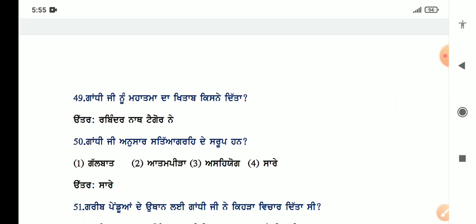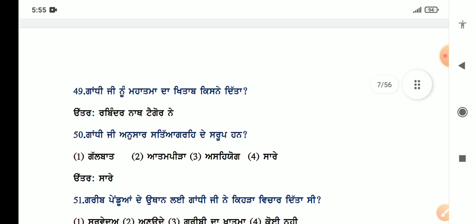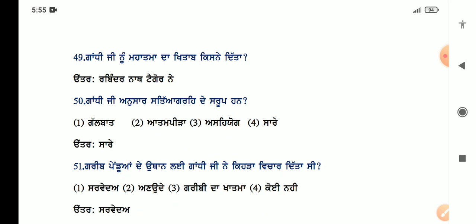Who gave the title of Mahatma to Gandhiji? Rabindranath Tagore. What are the ways of Satyagraha and how does Satyagraha work? Satyagraha works through talk first, then self-suffering, then non-cooperation and all. So it will include all.